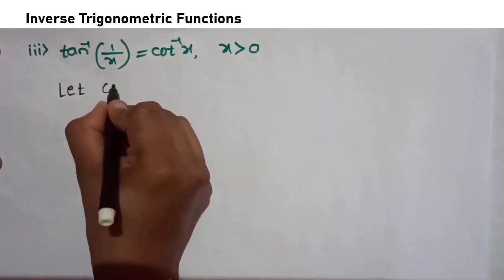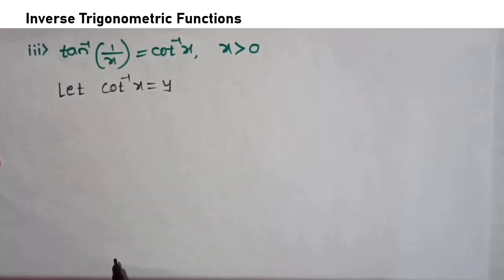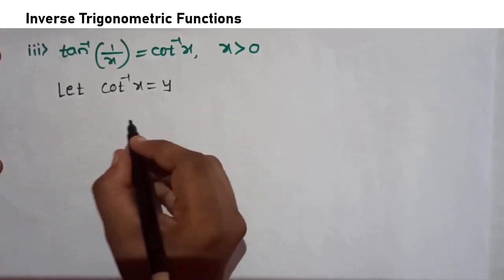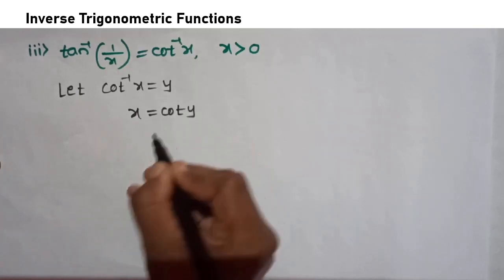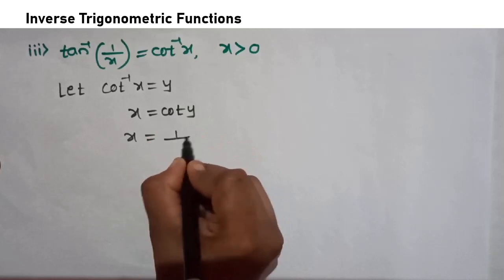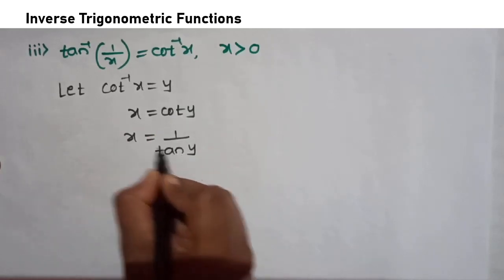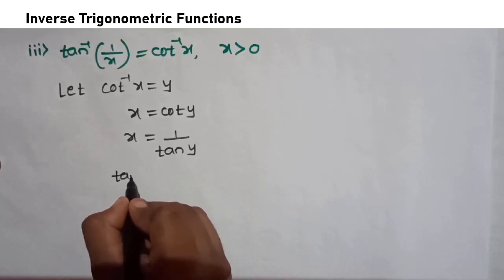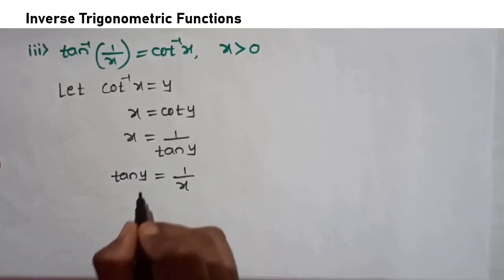Let me consider cot inverse x is equal to y. Again we can write x is equal to cot y. So again we are writing cot y is nothing but 1 by tan y, right? So take x here and tan y here, therefore it becomes tan y is equal to 1 by x.